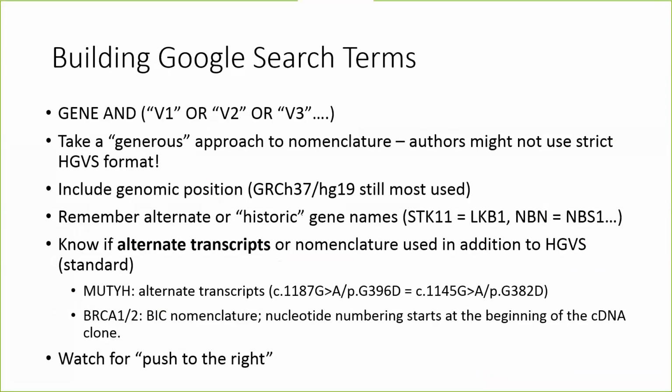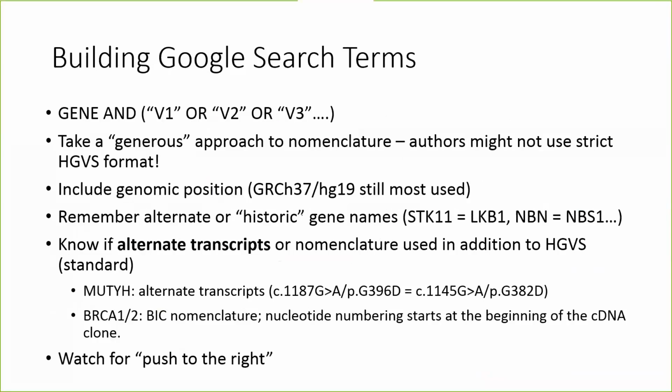You'll see in these examples that it's helpful to take a generous approach to nomenclature. So the authors might not stick to the strict HGVS nomenclature that we are all supposed to be using when we are publishing in the genetics literature space. You might think about a paper that has a big table where they're trying to save column space, and the patient has a deletion of 9 nucleotides.